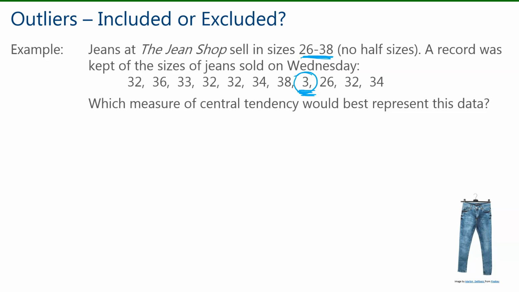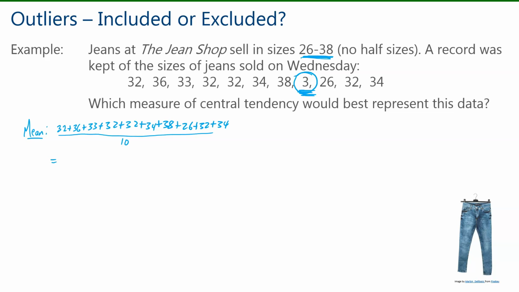That then leaves us with 10 pieces of data, and we are going to calculate the mean, the median, and the mode. Our mean: 32, 36, 33, 32, 32, 34, 38, 26, 32, and 34, divided by, remember now it's 10 because we have excluded that outlier.